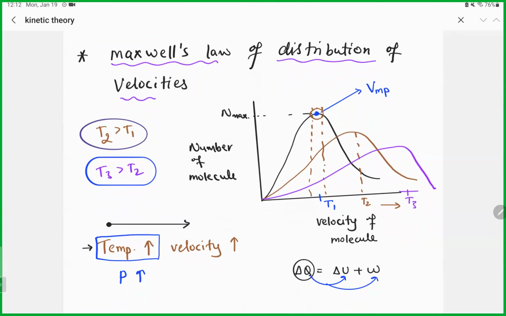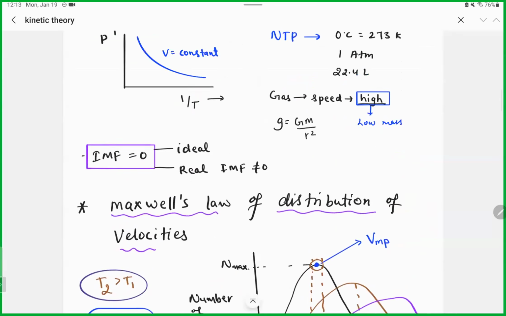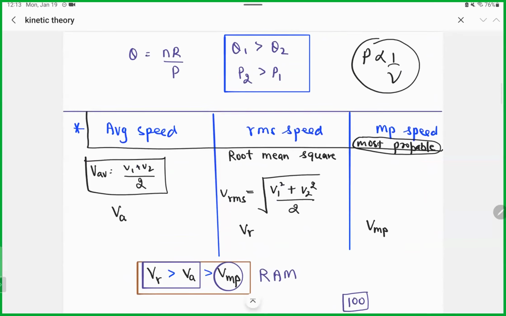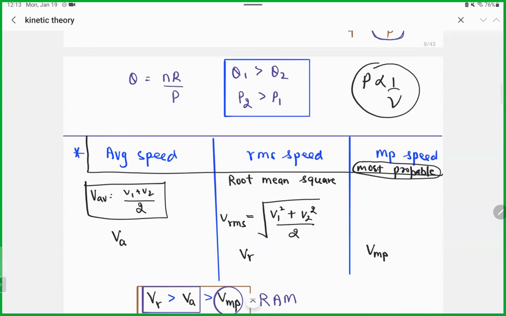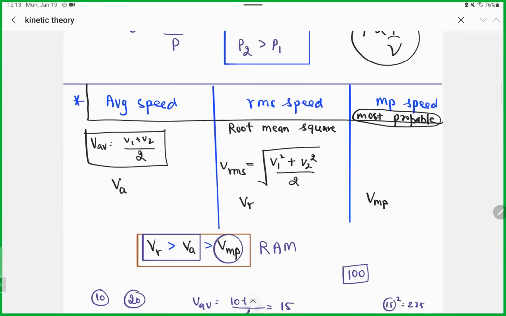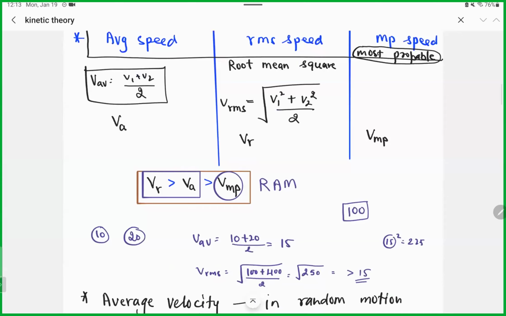You were telling if you change the temperature, more number of molecules will have kinetic energy greater than the activation energy. Based on that, we did this topic. We did average, RMS, and most probable speed using the same formula. RMS is maximum, then average, then most probable.